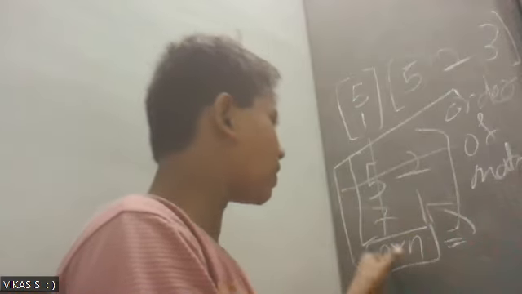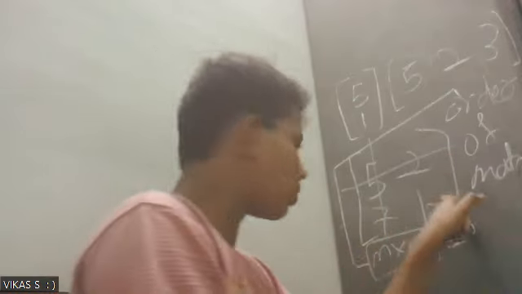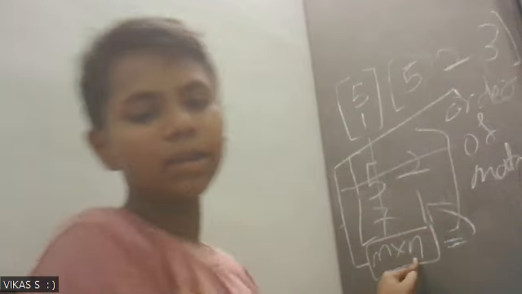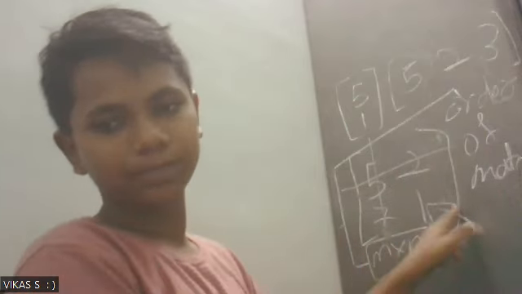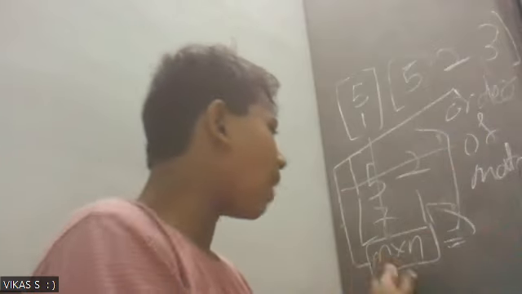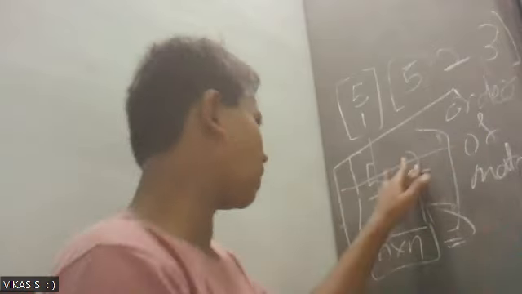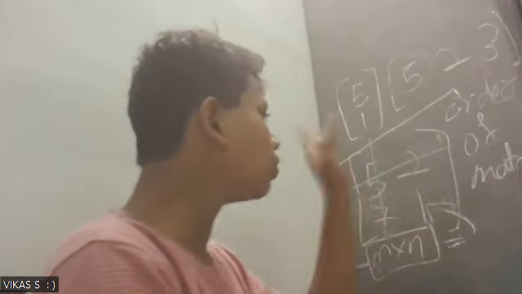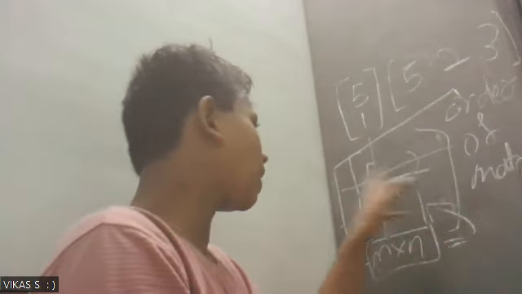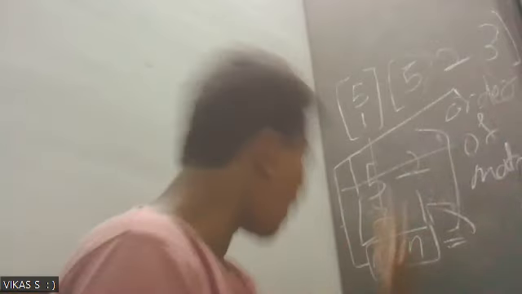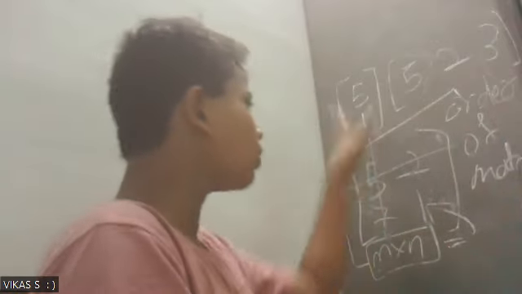M is based on the rows and N is based on the columns. Here there are 2 rows and 2 columns, so M into N is 2 into 2.